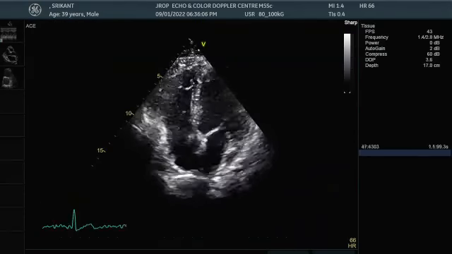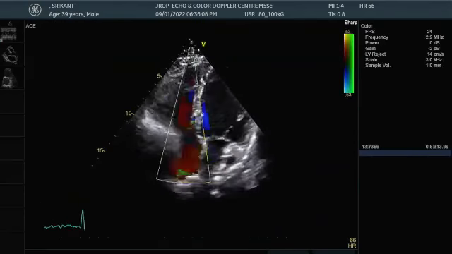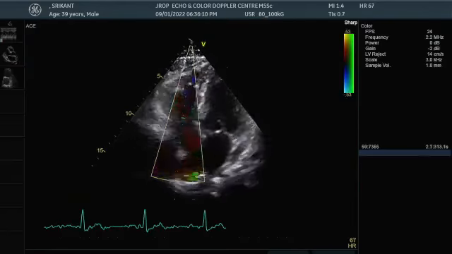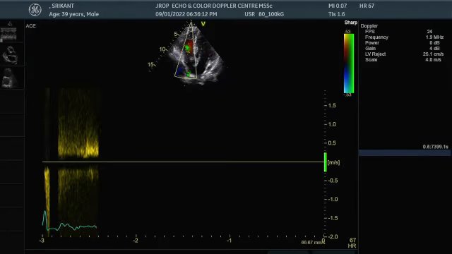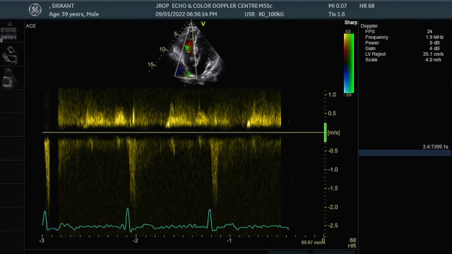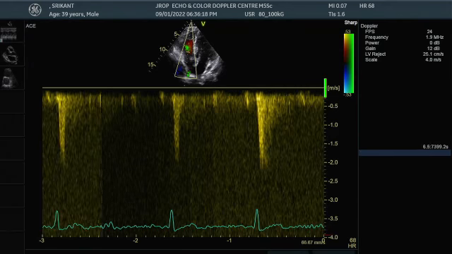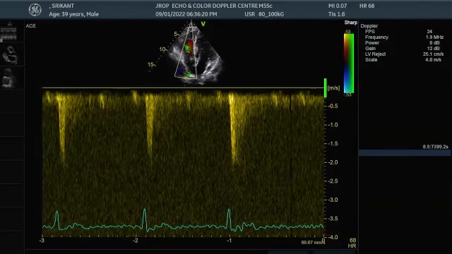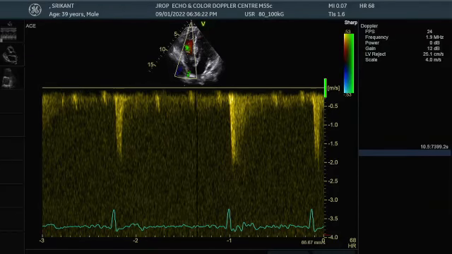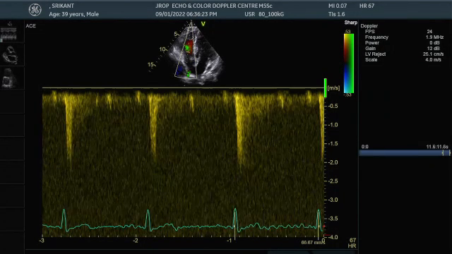Then comes tricuspid regurgitation. So at this point, for tricuspid regurgitation I would put a cursor, and let's see how much is the TR jet. And I'm trying to focus to get, now I've got a tongue shape, the tip of the tongue. So this is 2.23 of tricuspid regurgitation jet.